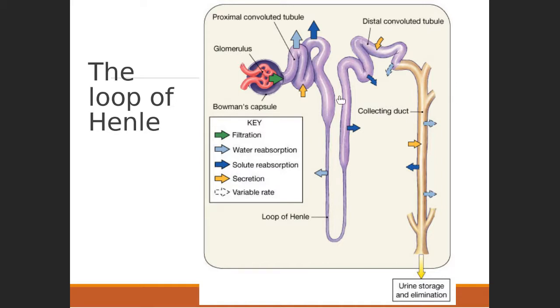If we've got our tubular fluid going down the descending limb and all we can lose from that fluid is water, what's happening to the concentrations as we go from the beginning of the loop of Henle towards the end of the descending limb? Because we can only lose water, as we descend the descending limb, the tubular fluid becomes more and more and more concentrated with solutes.